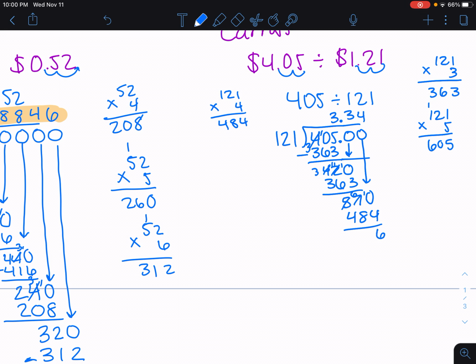So 6, 86. So I'm going to bring down a 0. So let's do 121 times 7 and see what happens. 7 times 2 is 14. 7 times 1 is 7, 847. So that works. So 847. 10 minus 7 is 3.